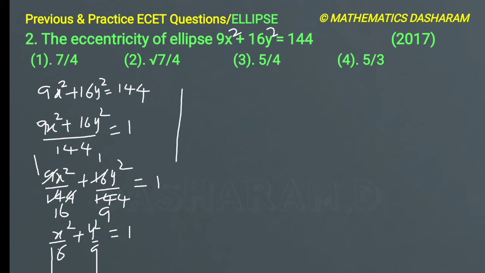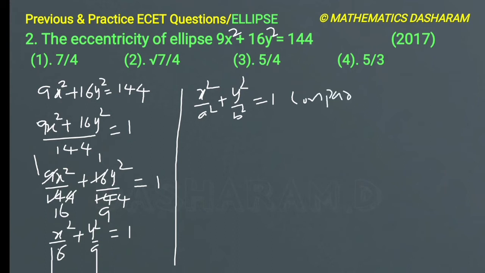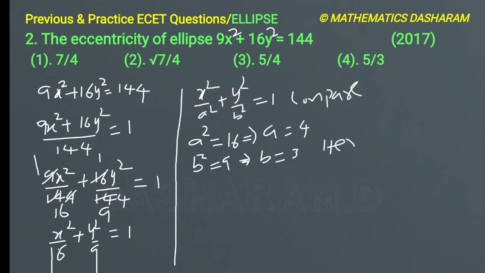Now it is in the standard form, that is x square by a square plus y square by b square equals 1. So let's compare with this standard form. Then a square equals 16, so a equals 4, b square equals 9, so b equals 3, and here a is greater than b.